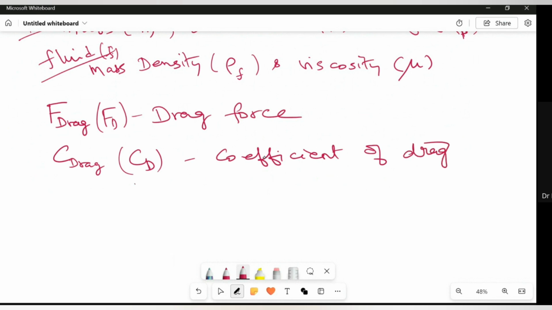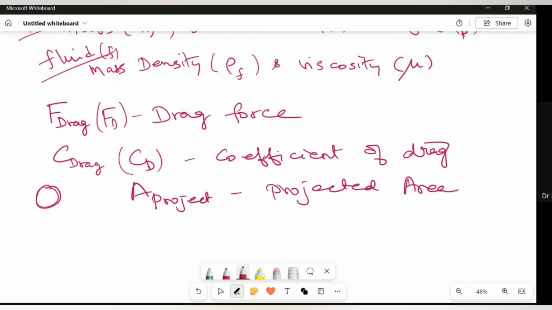And we also come across the projected area. What is this projected area? When you have a spherical particle and light is flowing across it, what will be the shadow? We are not getting a spherical shadow, right? So we are going to have a circle as the projected area for spheres. It is nothing but the shadow of the particle that is called the projected area.